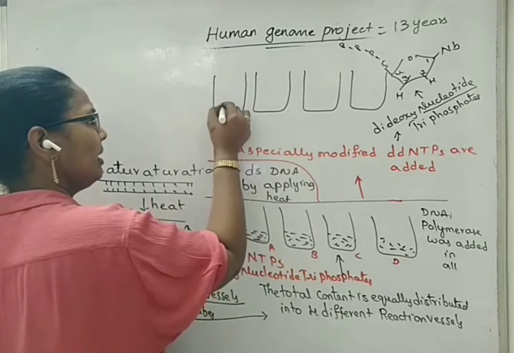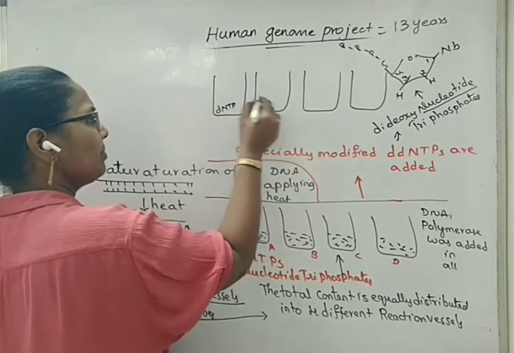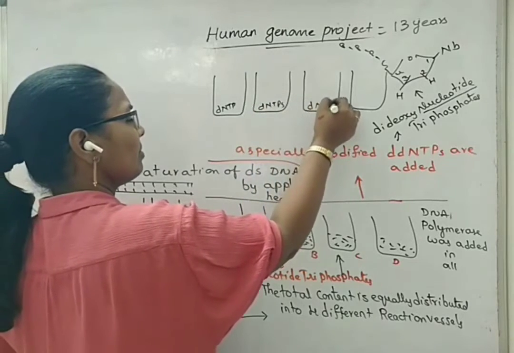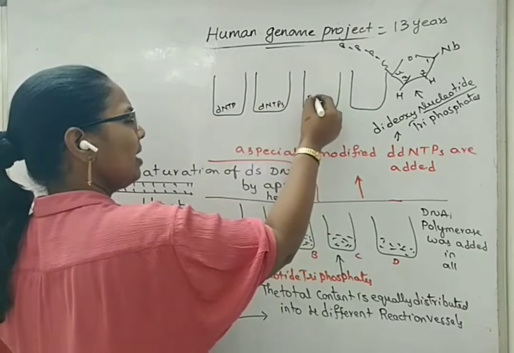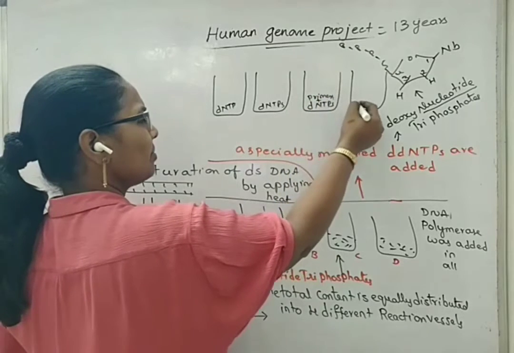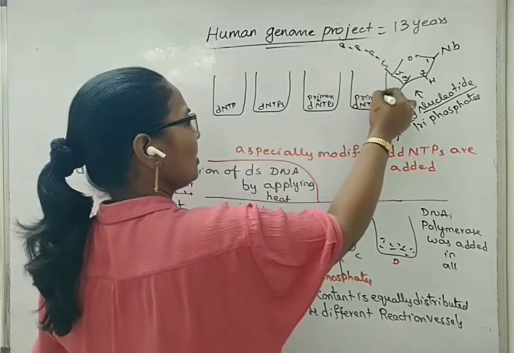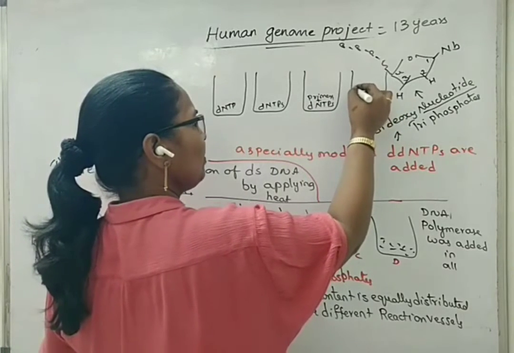So here dNTPs are already there. We have already added the primers. We already added DNA polymerase.